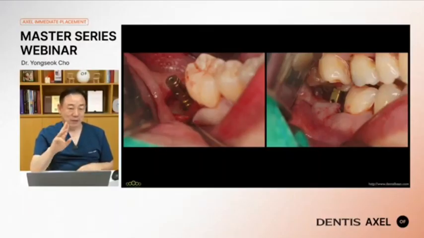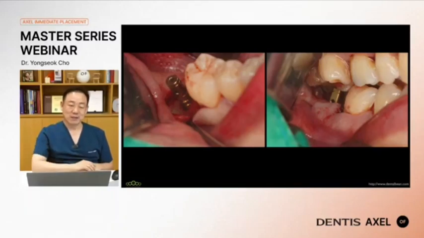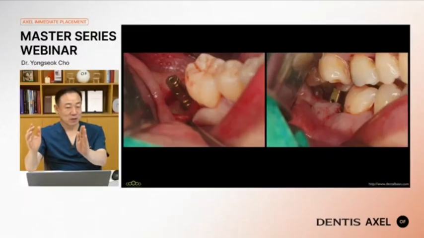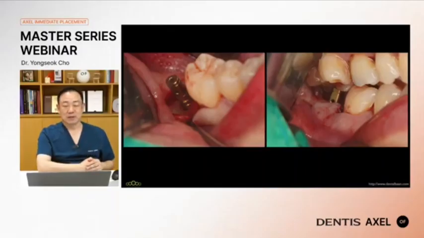We must control the path of the last implant considering the opposing dentition. Sometimes we just do enameloplasty, then make a good angulation toward the existing number 7. Sometimes you have to do endodontic treatment and a crown and correct the position of the maxillary second molar.